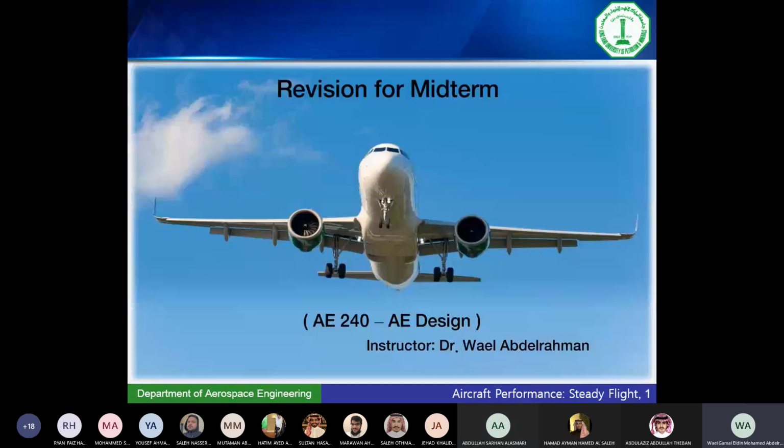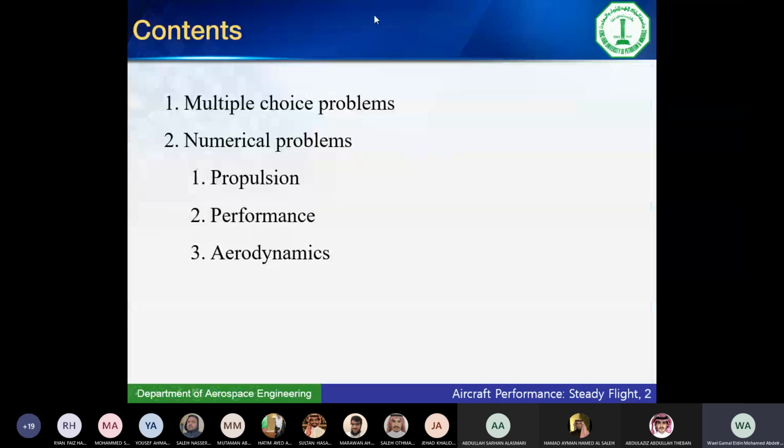Okay. So the midterm, inshallah, is going to be very similar in nature and organization to what we had in the quiz. But of course, the content is different. So we are going to have multiple choice problems, maybe a short response, maybe a line or two, and numerical problems.